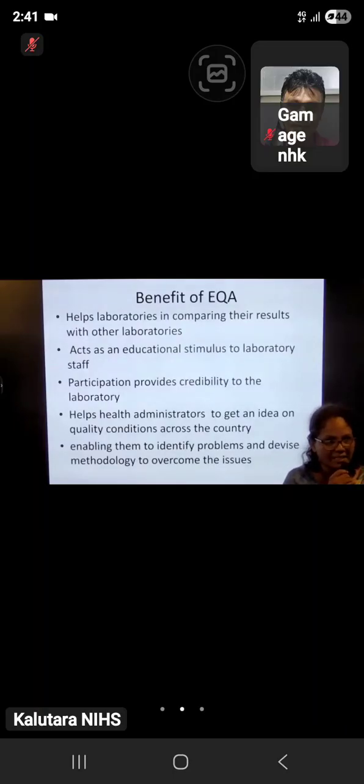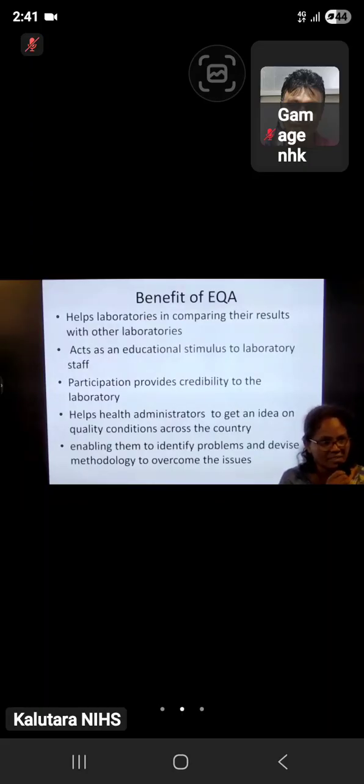Act as an educational stimulus to laboratory staff. So there may be competition, right? Therefore, they act as an educational stimulus. The members of the laboratory may think that, yes, we have to do it correctly.